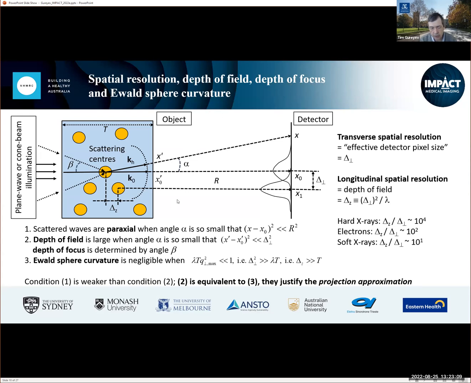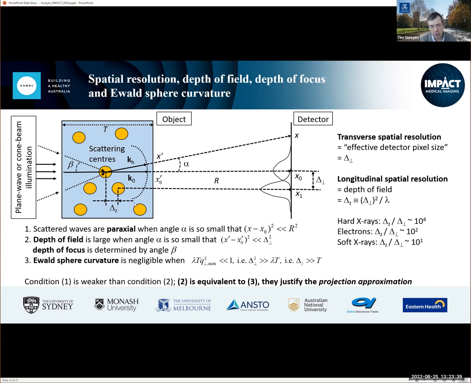So that's why depth of focus and depth of field are so important. In our usual X-ray CT imaging, the depth of field is very large, much larger than the sample thickness. So the deviation of X-rays during their propagation inside the object is negligible compared to the thickness of the sample, and therefore we can use this straight ray model successfully.